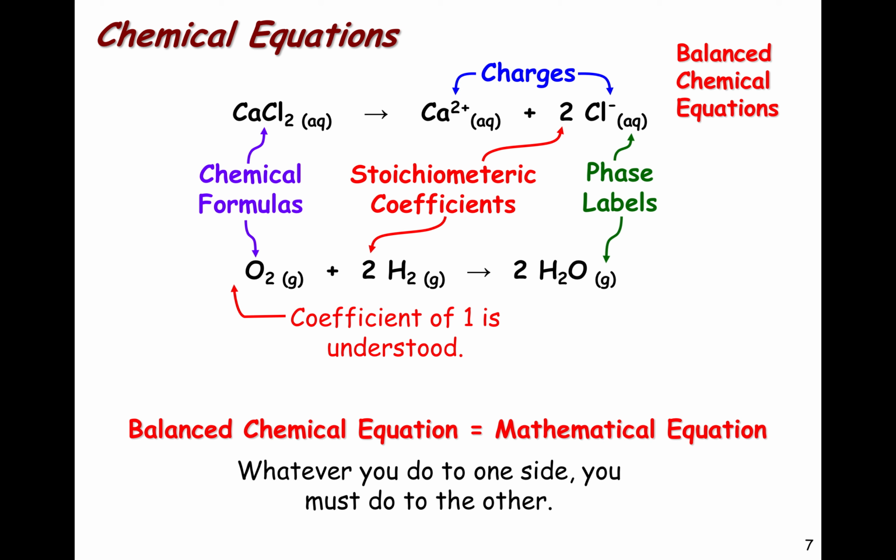So basically what it comes down to is a balanced chemical reaction is similar to a mathematical formula in that we have to have an equal number of each of the atoms on both sides of the arrow. We also have to have an equal amount of charge on both sides of the arrow. So in other words, whatever you do on one side, you have to do the same thing on the other.